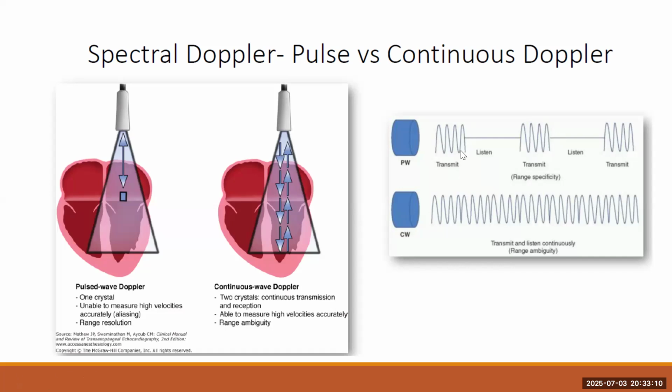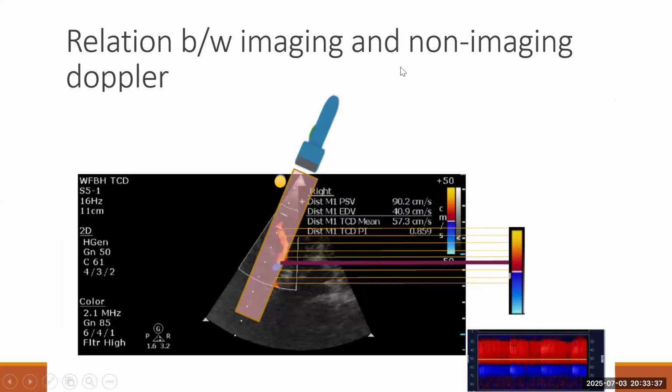This is what we call the pulse repetition frequency, which is concerned with aliasing. Those are the technical details of how the spectral waveform is acquired, and how it stays within normal limits based on the Nyquist limit and the pulse repetition frequency. The relationship between imaging and non-imaging has been beautifully described here.